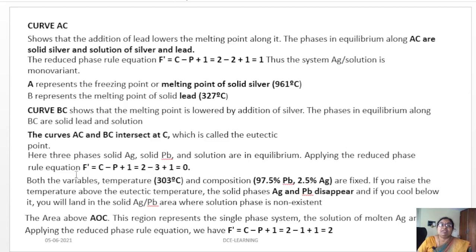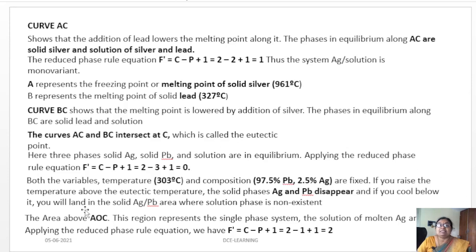Applying the reduced phase rule equation, which equals 0, the corresponding eutectic point is invariant. Both variables are fixed: the temperature is 303 degrees centigrade and the composition is 97.5% lead and 2.5% Ag.